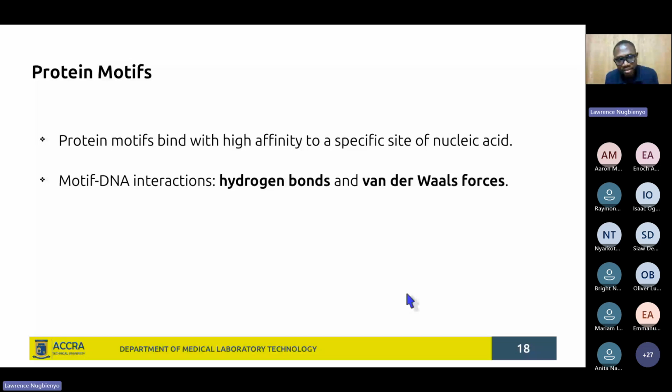The same way, now you have nucleic acid that is interacting with proteins. It is not any part of the protein at all which is just having interaction with the nucleic acid. You have some specific portion of the proteins that have high affinity for specific portions of the nucleic acid.